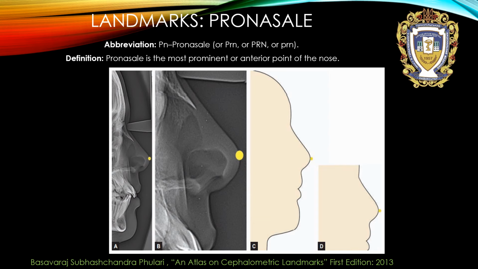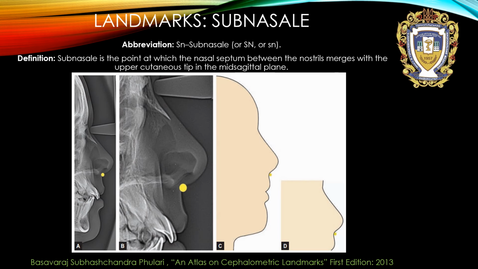Pronasale point is the most prominent or anterior point of the nose. Subnasale point is the point at which the nasal septum between the nostrils matches with the upper cutaneous tip of the mid-sagittal plane.